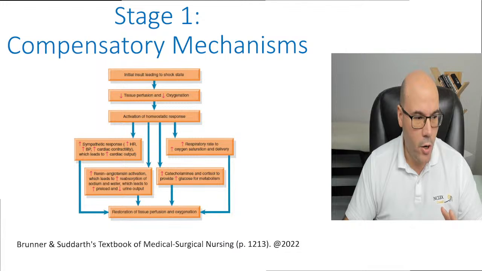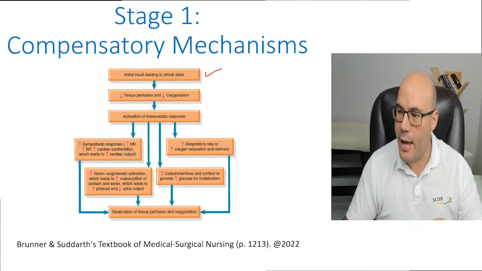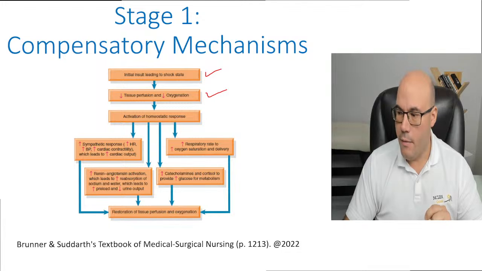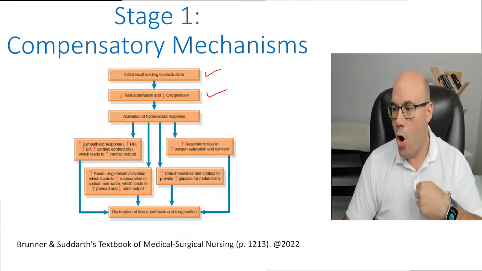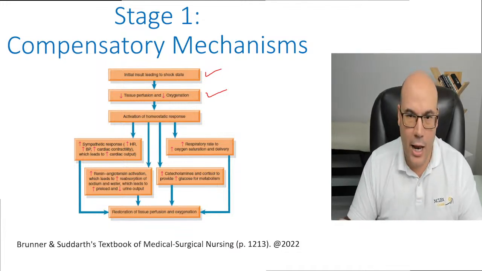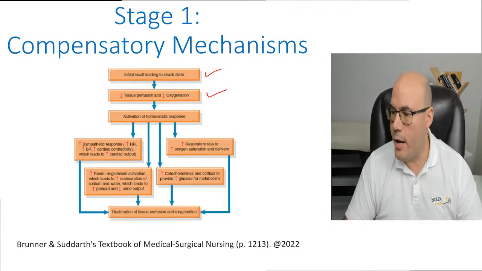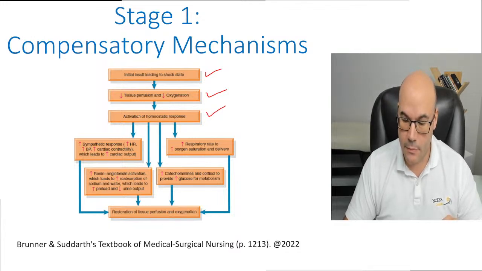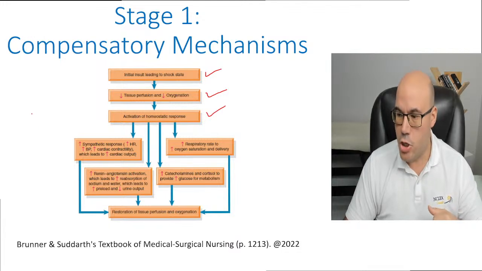So far, we know that a shock occurred from different causes that we're going to talk about later, and the perfusion and oxygenation to the tissues are decreased. Now, as a compensatory mechanism, there's going to be what is known as activation of the homeostatic response, another fancy word for compensatory mechanisms. What are these compensatory mechanisms?